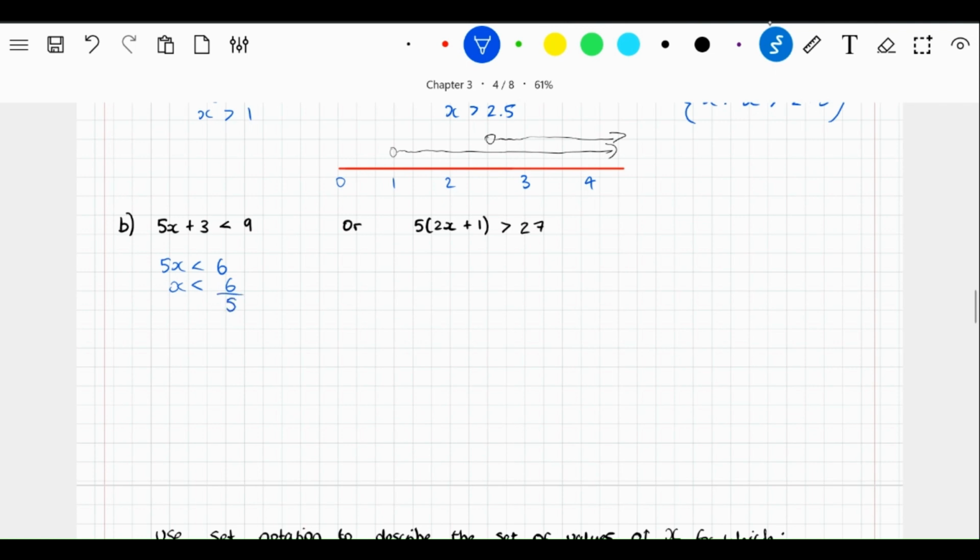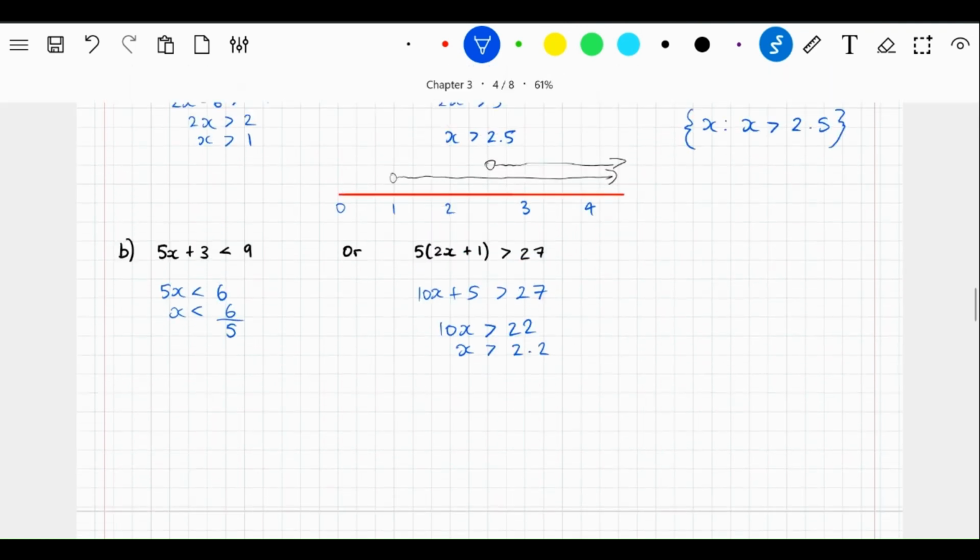Or we've also got this bit here, which, if we expand this, we get 10x plus 5, and that's greater than 27. So if we take away the 5, we get 10x is greater than 22, which if we simplify again, we get x is greater than 2.2. So now we have these two different points: x is less than 6/5, and x is greater than 2.2.